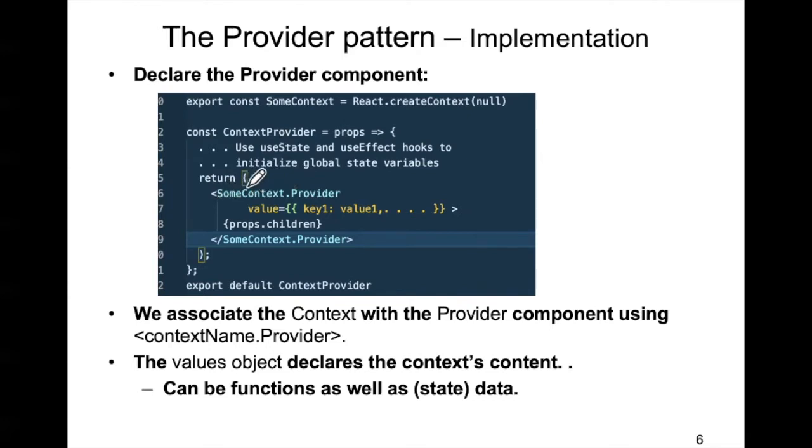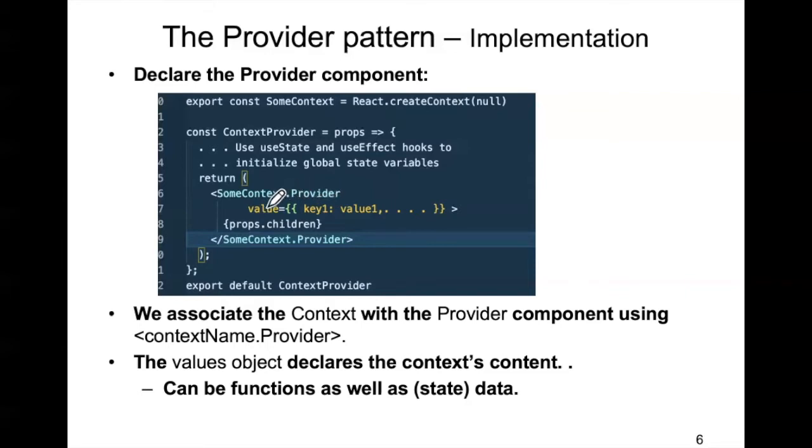So the context name, dot Provider, has the effect of linking my empty context with my provider component. And we need to initialize a prop for this context.Provider. Now this prop is really important. This prop here is how we actually fill up the context with its content.